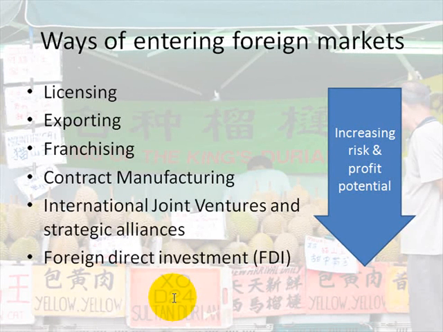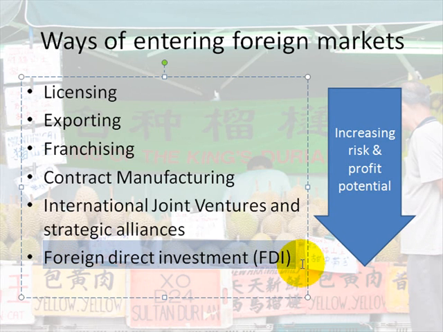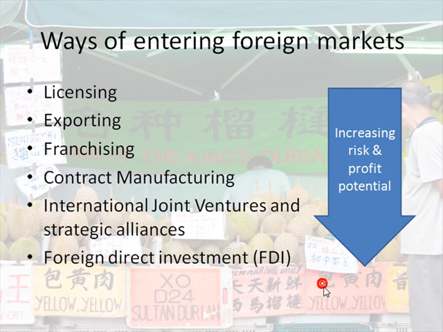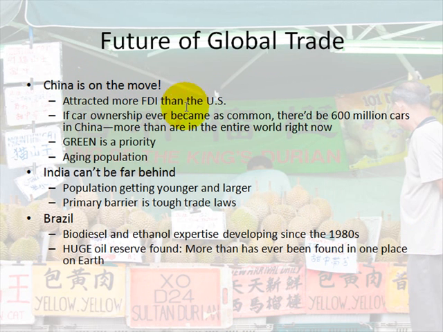Foreign direct investment, down here at the bottom, represents the most risk, but the biggest profit potential. And here we have China attracting more foreign direct investment than the U.S. Very interesting. That's kind of an eyebrow-raising thing.